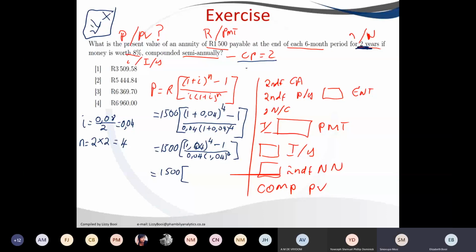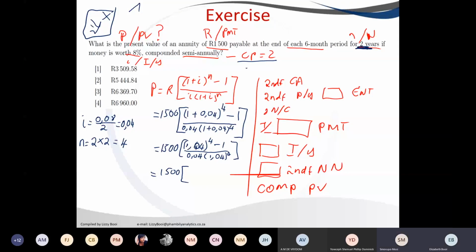So you press second function and look on your calculator. Some calculators have it as that, some have y to the power x. You use it to raise to the power of 4, and the answer you will get is 1.1986.